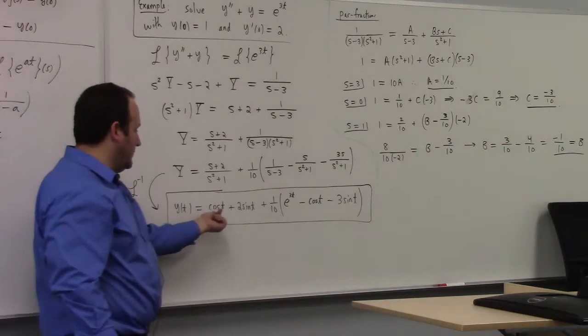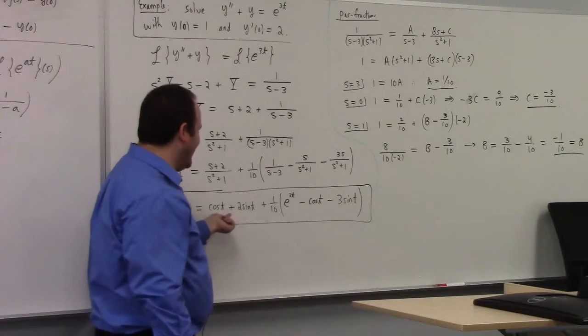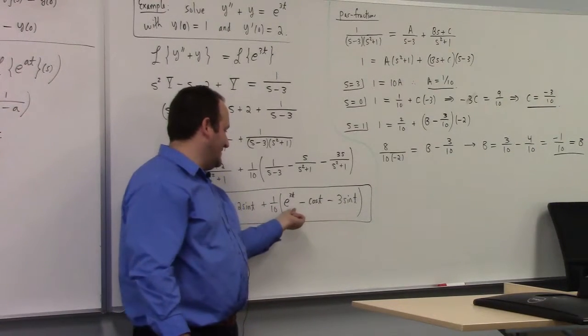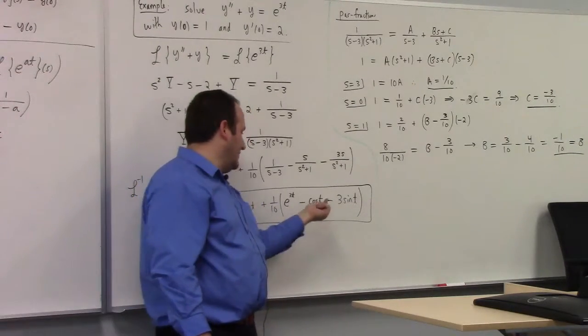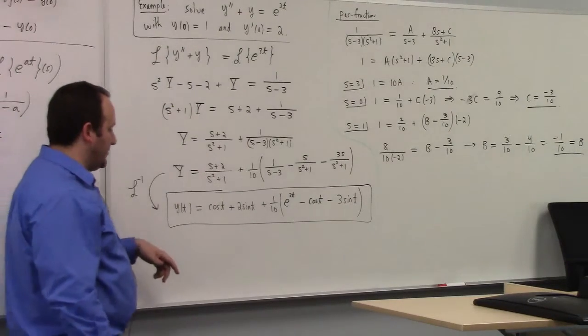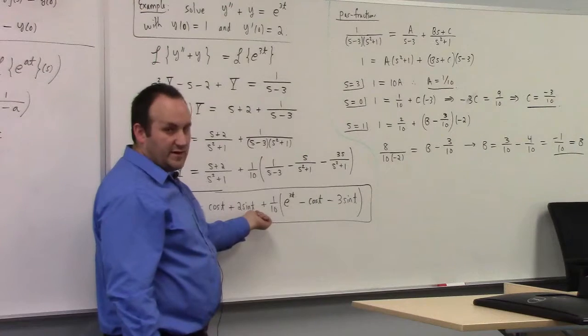If we plug in 0, we get 1, right? And now I'm kind of worried. And what happens here? 1 minus 1, which is what? 0, right? So y of 0 is 1, like we want. Y prime of 0 requires a little bit more thinking. Y prime changes this to a minus sign, changes this to a cosine.